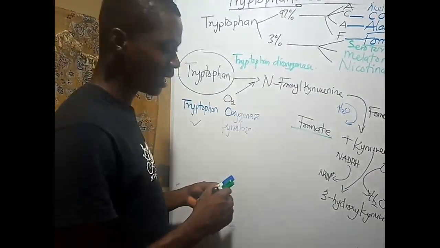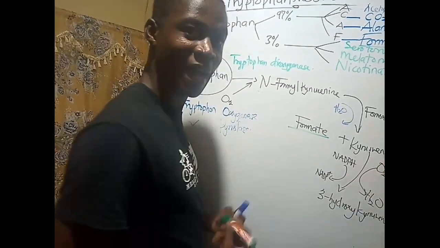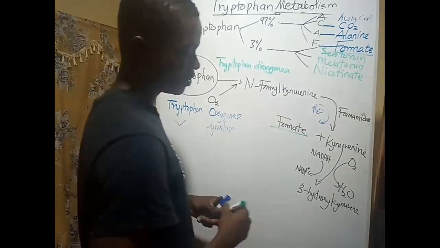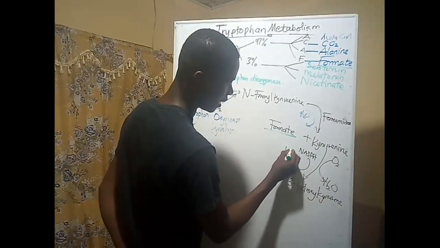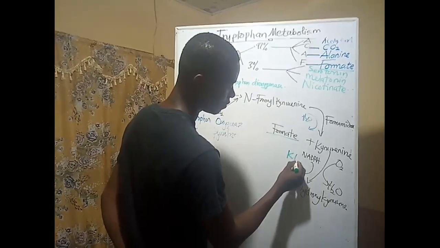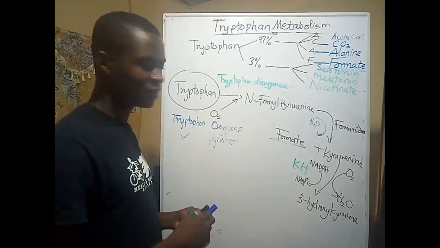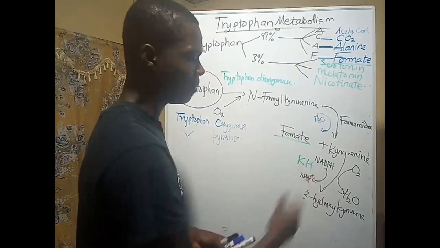Now, the enzyme that catalyzes this reaction has the same name, kynurenine, and then it is a hydroxylation reaction. So we call it kynurenine hydroxylase.